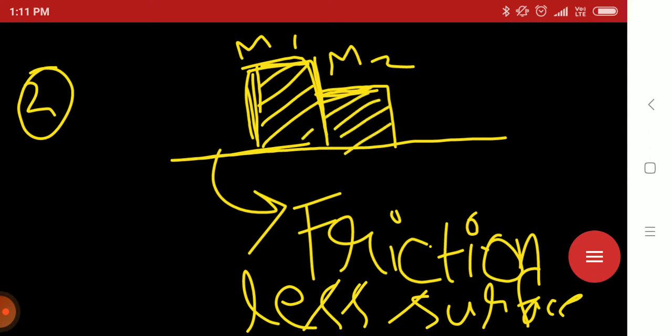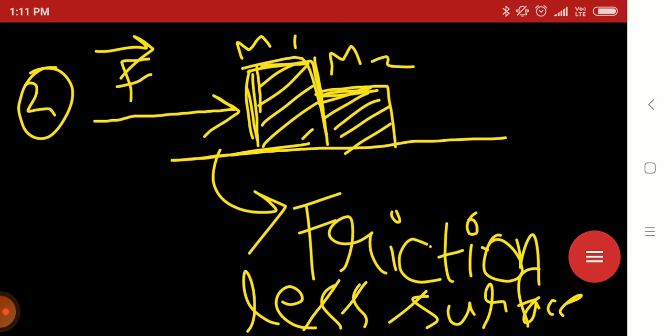So, the problem is: two masses, M1 and M2, one has mass M1, another has mass M2. They are placed on a frictionless surface. Now a horizontal force F is acting on M1.